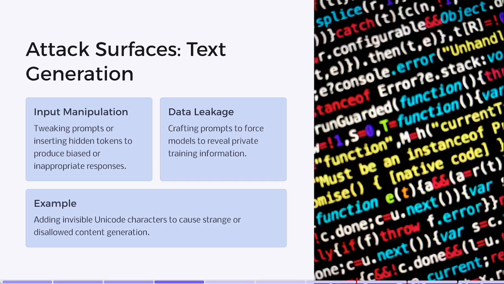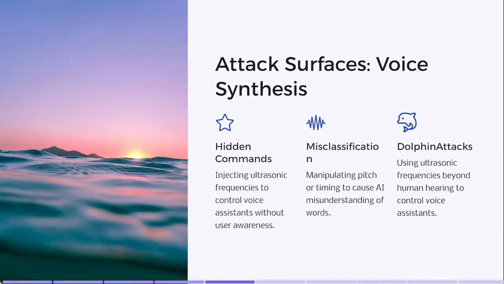these subtle input manipulations. And next is voice synthesis. Speech recognition systems can be fooled if attackers inject near inaudible frequencies or manipulate waveforms. Hidden commands: placing ultrasonic commands in a voice assistant's audio feed so it executes actions without the user realizing.